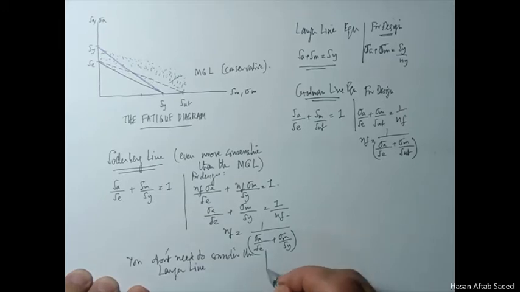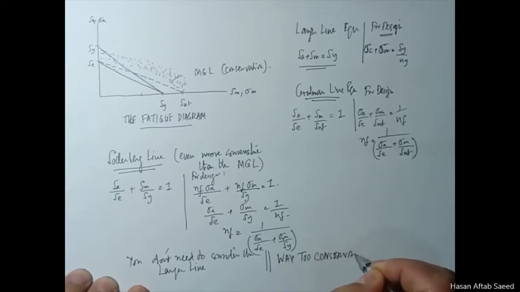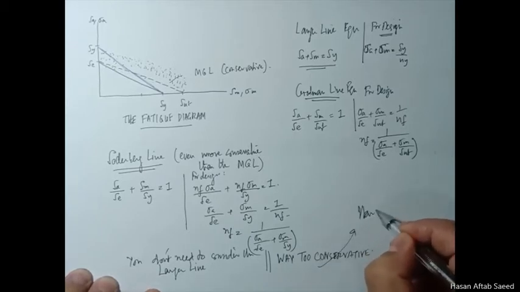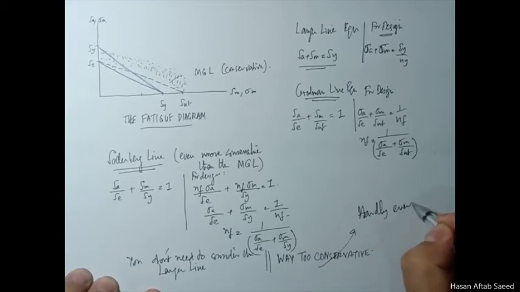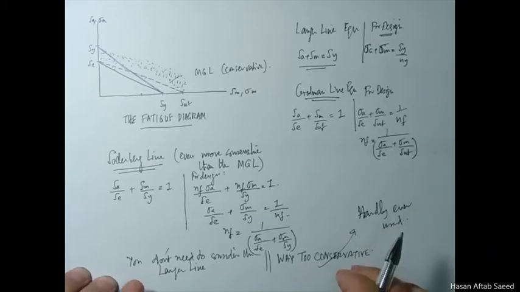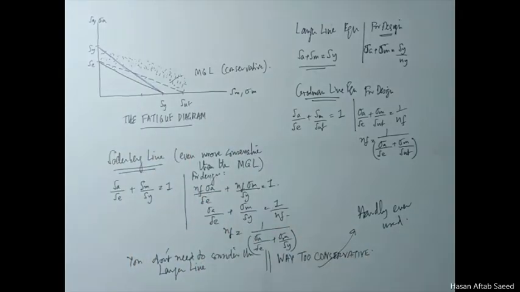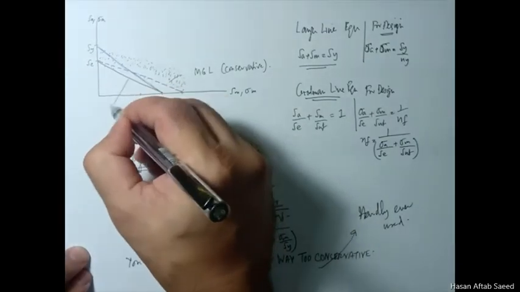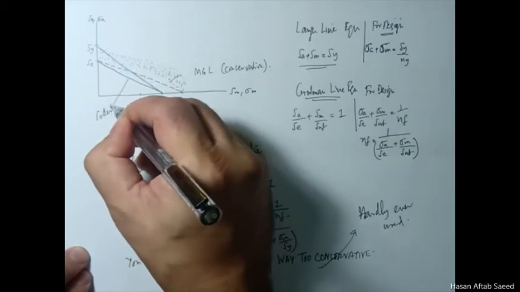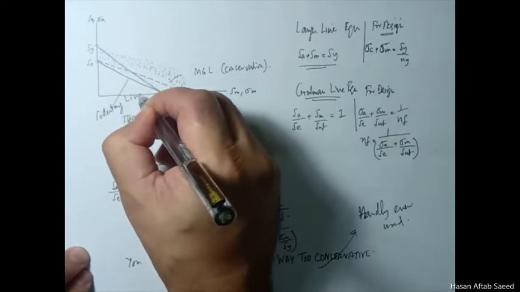But the downside is this is way too conservative, therefore hardly ever used in practice. But you find this in literature, so you should have an idea what this line is. So let's label it here. This is the Soderberg line.